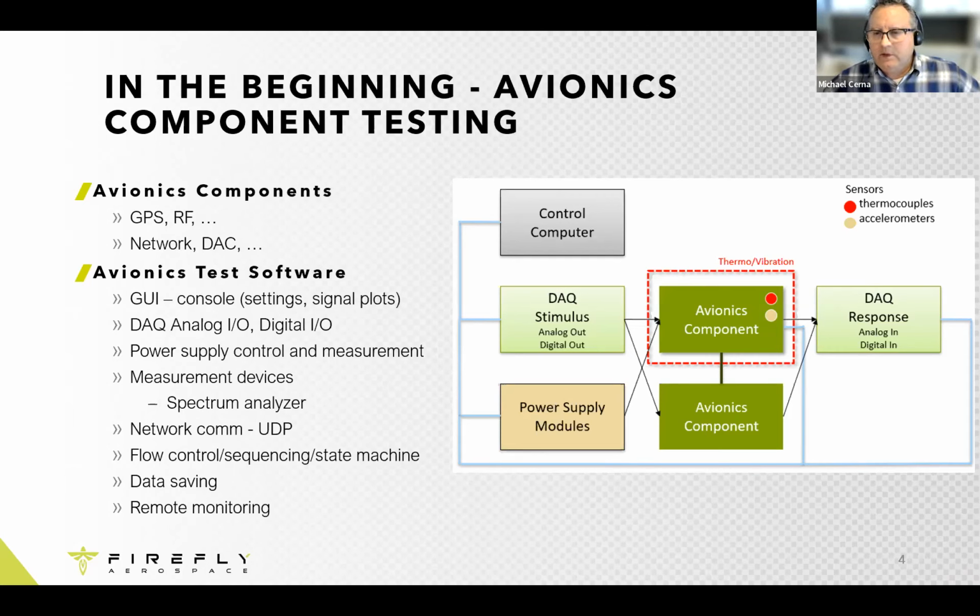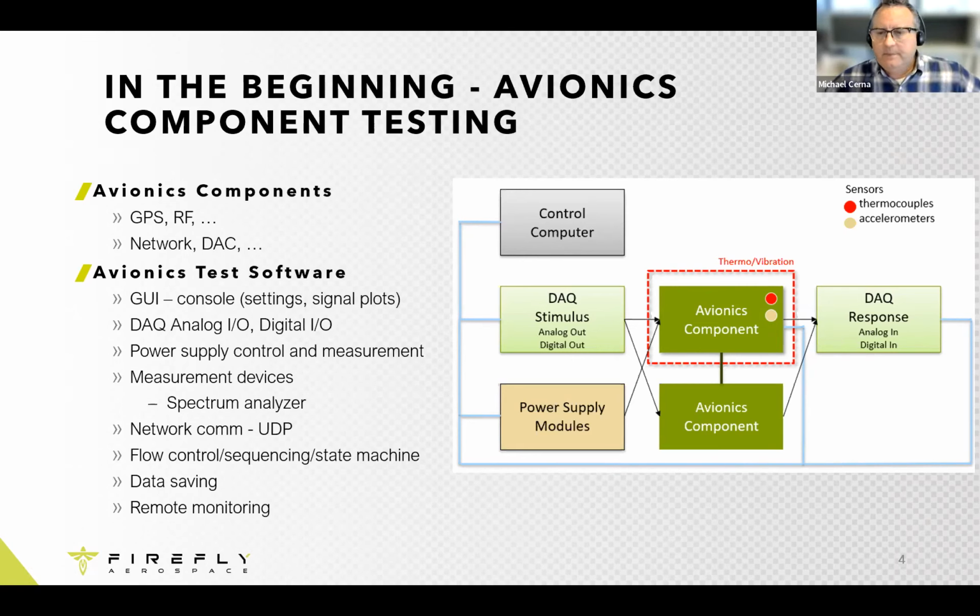In the background, we often run Python scripts to simulate some other part of the system that needs to stimulate the avionics component. We often have other measurement devices hooked up, like a spectrum analyzer, where we capture and control data. All of it is generally networked, shown in the blue lines, typically using UDP protocols.